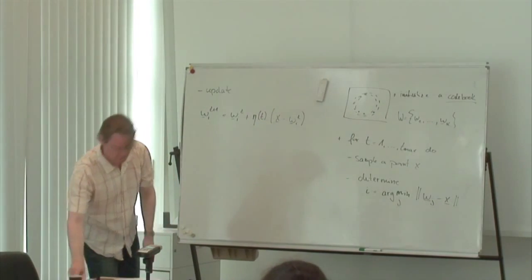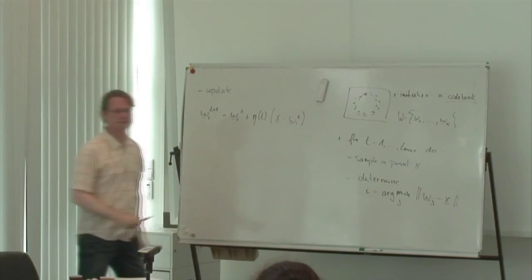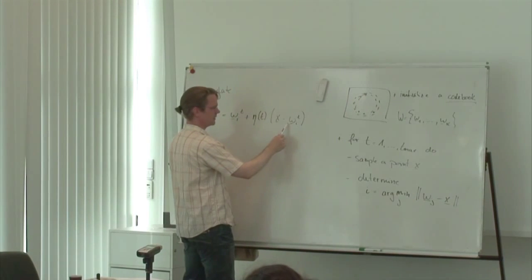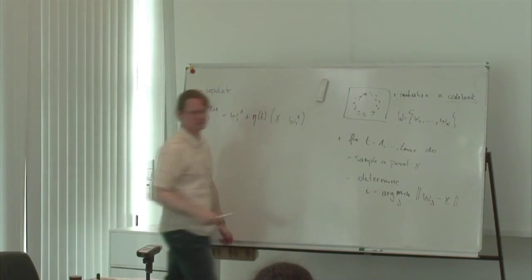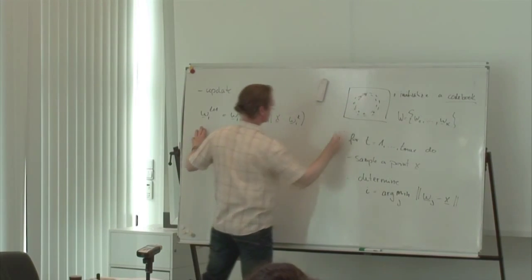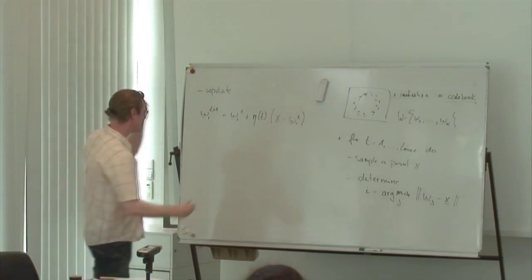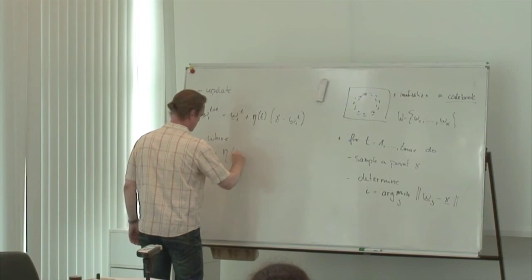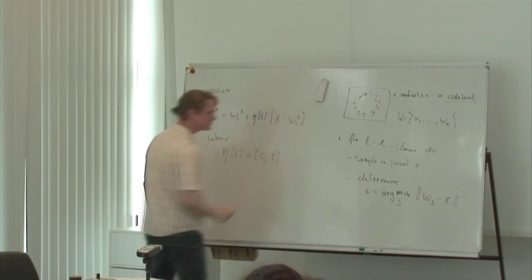So let me draw this vector and then it becomes clear. So this thing here is this vector. This here is a vector that points from this codebook vector w_i, which is the closest to the sample point. It points from the codebook vector to the sample point, and we shift the codebook vector in this direction by some amount eta, where this eta is a number between 0 and 1.